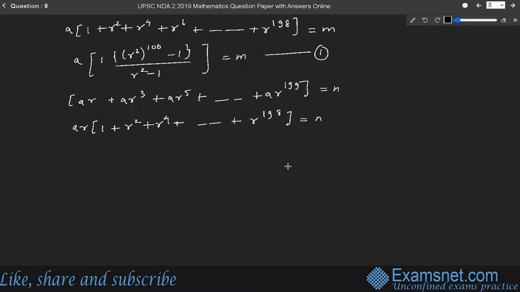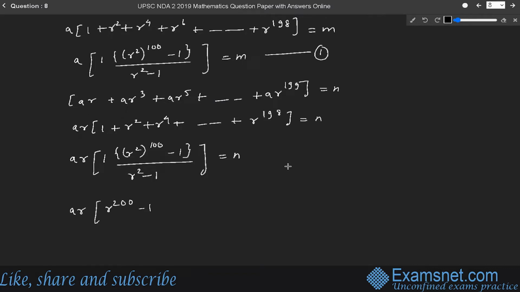So it will be equal to n. So AR into R square whole power 100 minus 1 divided by R square minus 1 is equal to n. So AR into R power 200 minus 1 divided by R square minus 1 is equal to n. Let this be equation number 2.